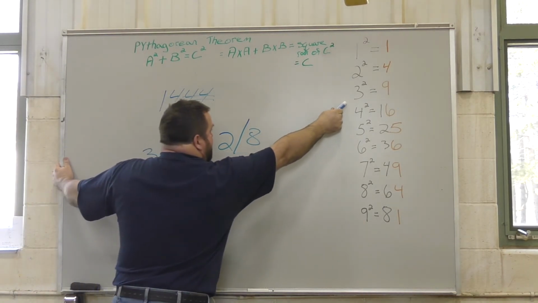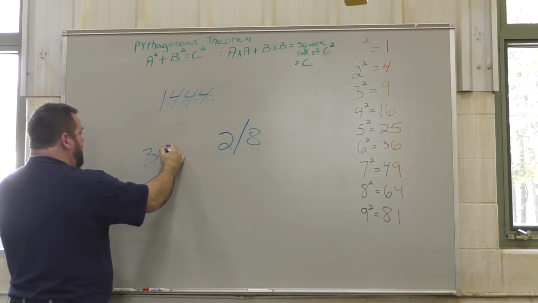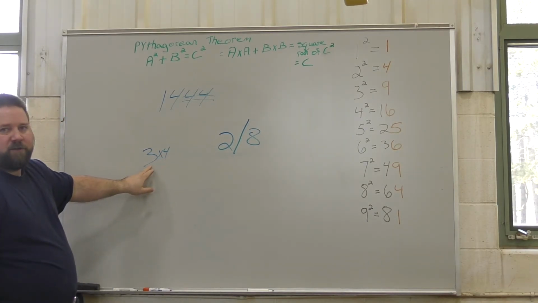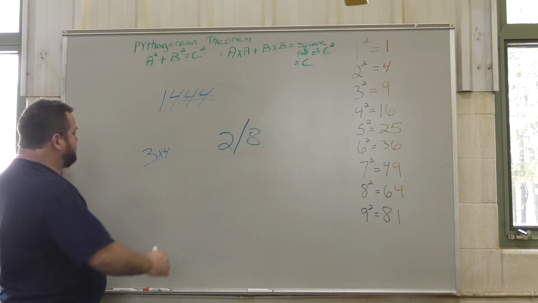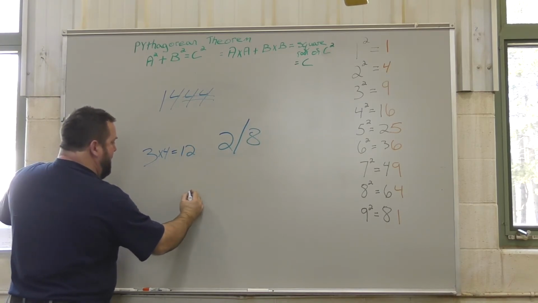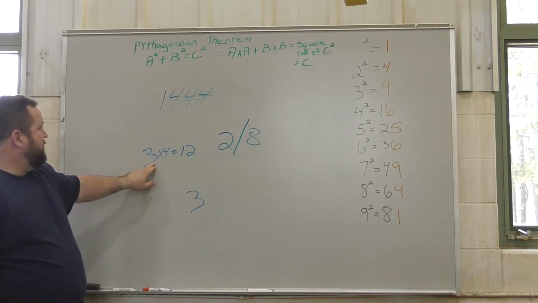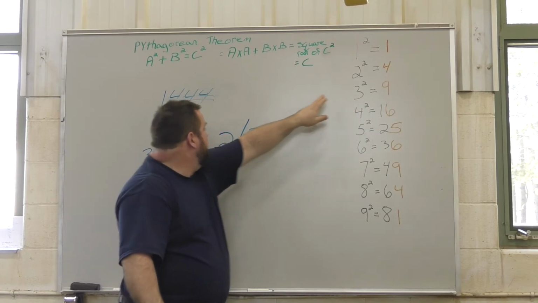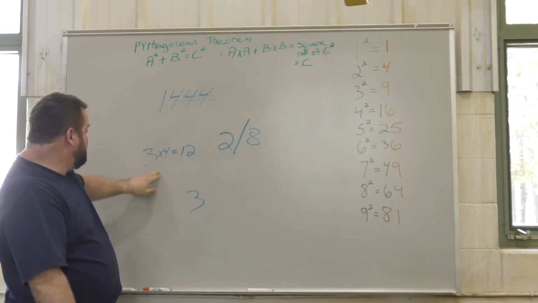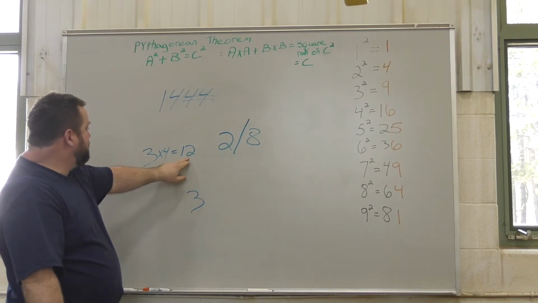Then we multiply that by the next number in numerical order: 1, 2, 3, 4. So we multiply 3 times 4, which equals 12. Our left digit is going to be a 3, because 3 squared, 9, is as close to 14 as we can get without going over. And now we have 3 times 4 equals 12.